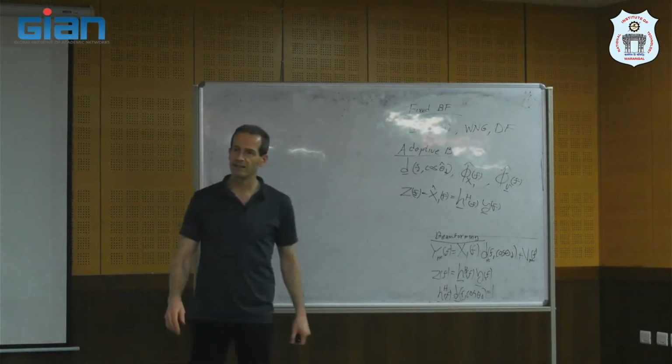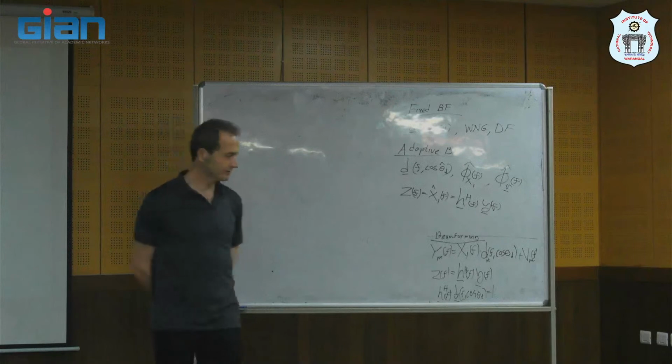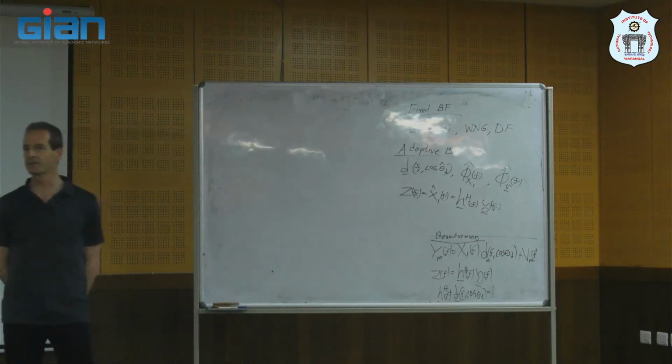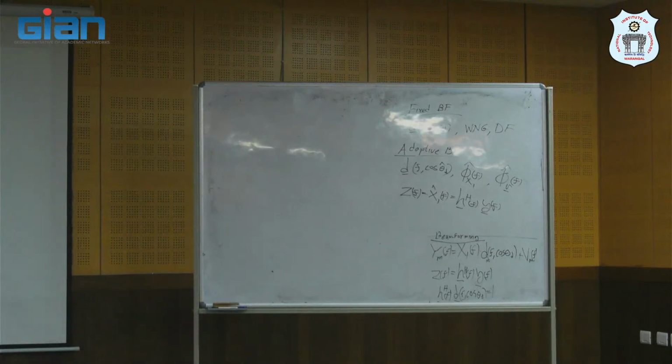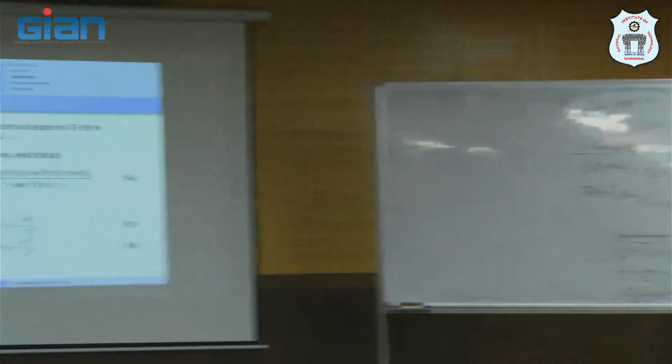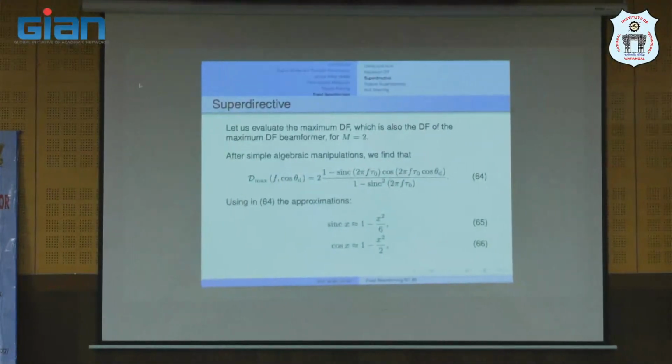Sometimes people that work in this area, array processing, try to ask them what is the difference between the maximum DF beamformer and the super directive beamformer?